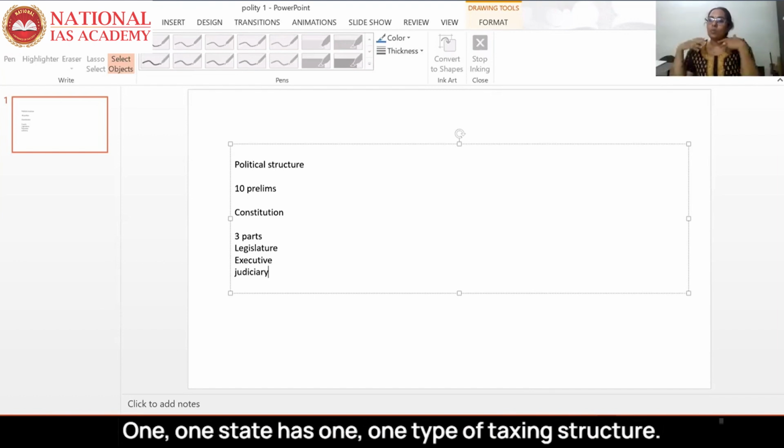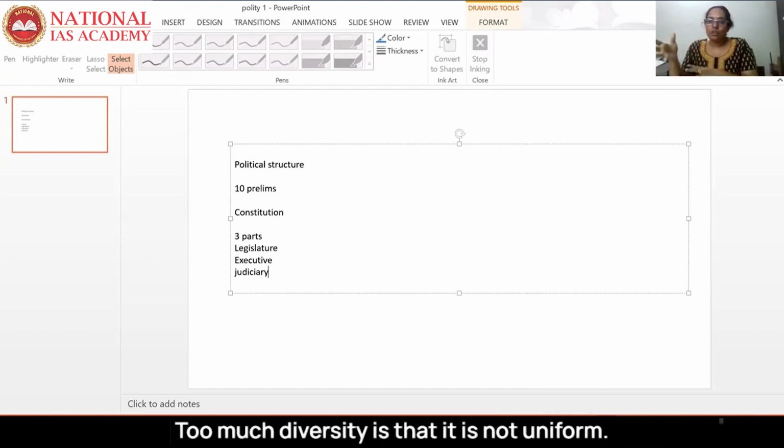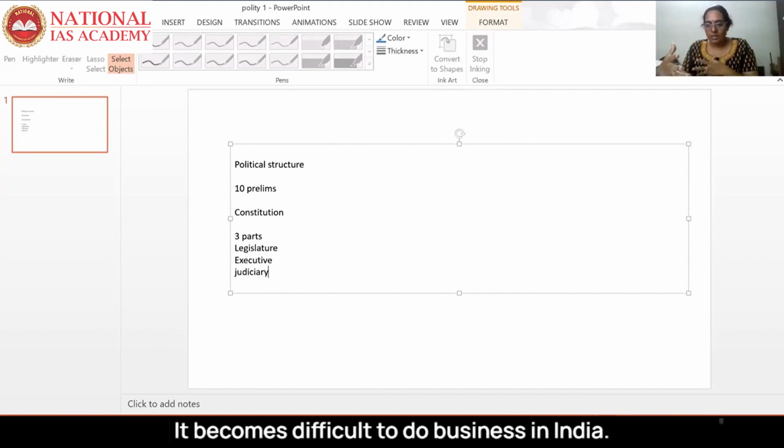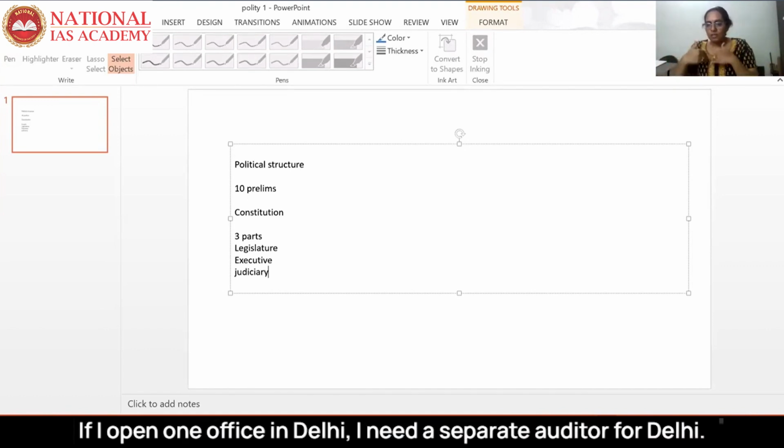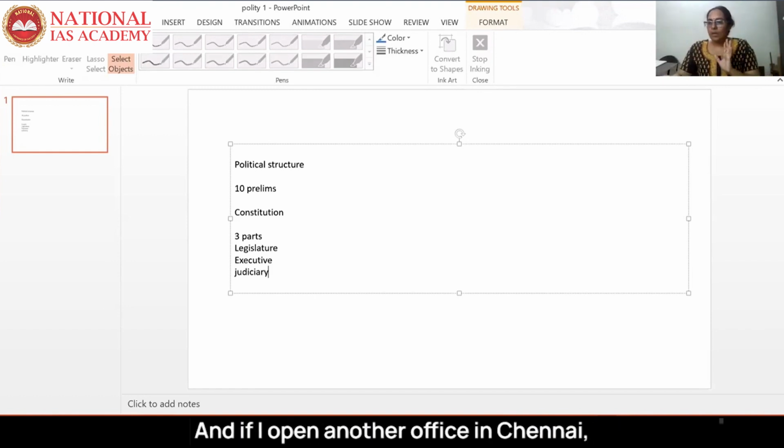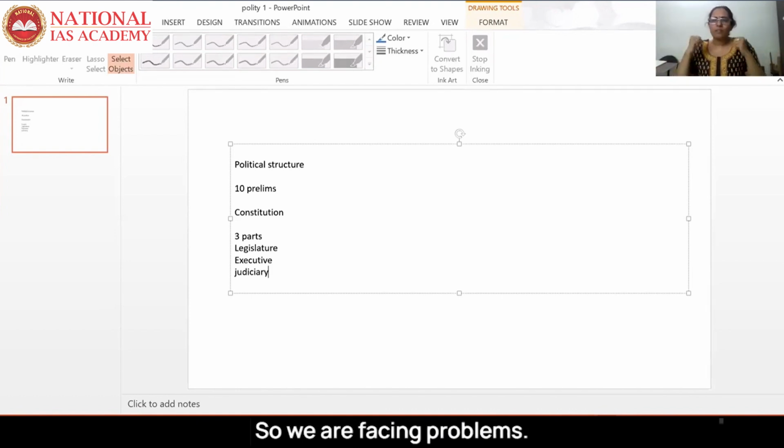One state has one type of taxing structure. Too much diversity, it is not uniform, and it becomes difficult to do business in India. If I open one office in Delhi, I need a separate auditor for Delhi. And if I open another office in Chennai, then I need a separate auditor for Chennai. Accounting has to be done separately. So we are facing problems.